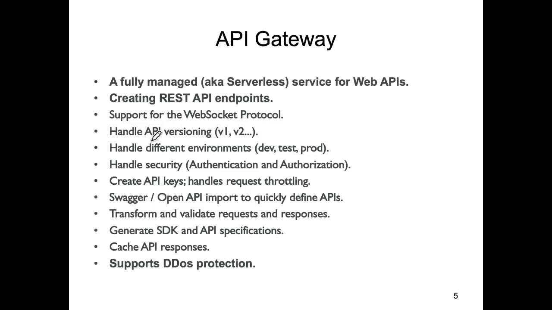API Gateway also supports versioning, so you can have different versions of your API available to your clients. It supports different environments, as in a dev environment, a test environment, a prod environment. You can call the environment anything you want to. That's all built into API Gateway, should you want to configure it.